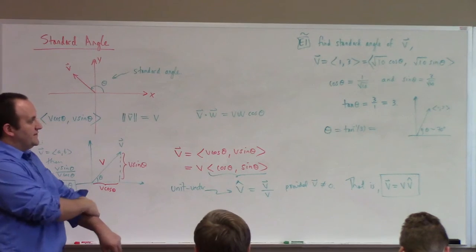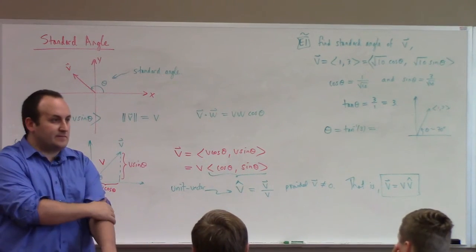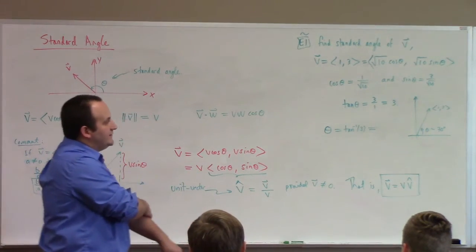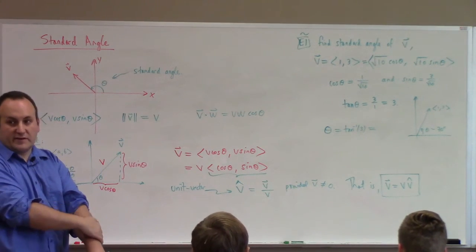I could also use inverse sine or inverse cosine. We're in quadrant 1, where everything works. Whatever this number is, that will be the same as the inverse cosine of 1 over root 10. It'll be the same number as inverse sine of 3 over root 10. You can't go wrong.